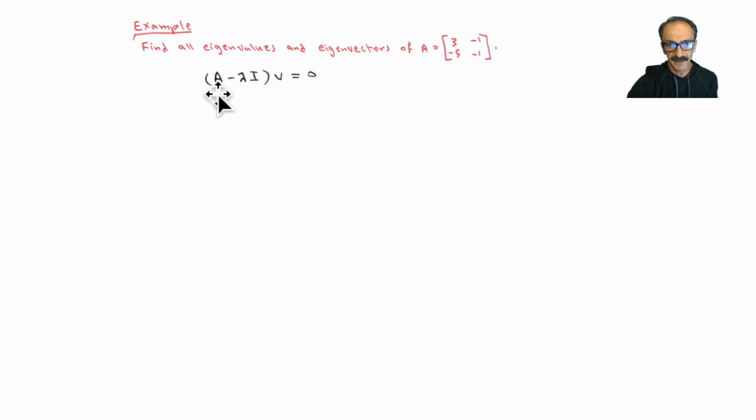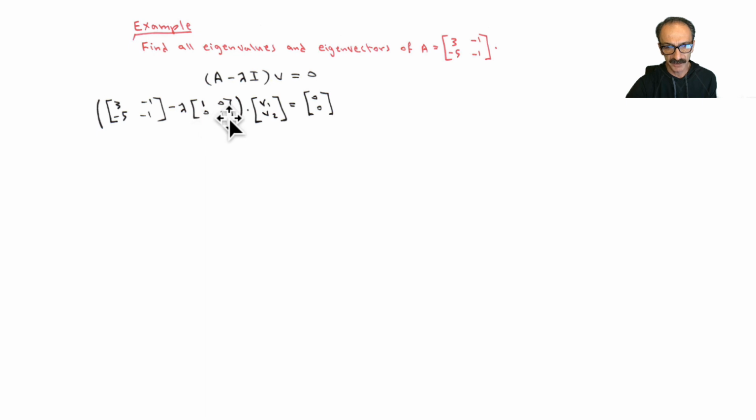So we have A minus lambda I times V equals 0. A right here minus lambda times I, and I is 1, 0, 0, 1, the identity matrix, times V, which has the components small v1 and small v2, equals 0, which is a matrix of size 2 by 1, 0, 0.